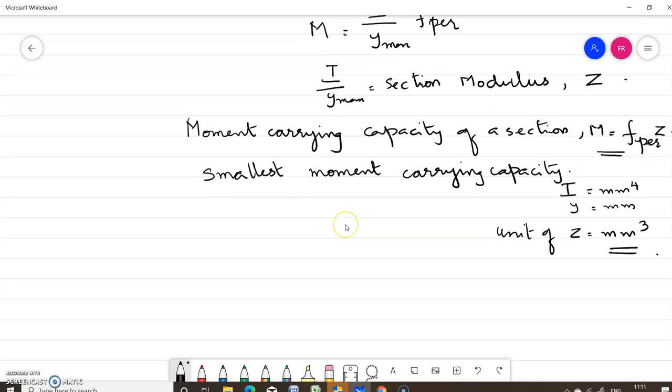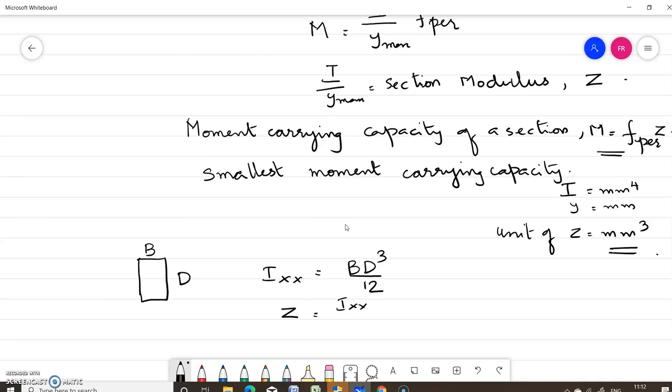Like a rectangular section, what is the section modulus for a rectangular section of breadth b and depth d? You know Ix, because the bending happens about the x-axis, is equal to b d cube by 12, and Z will be equal to I by y, Ix divided by y max. Now what is y max?